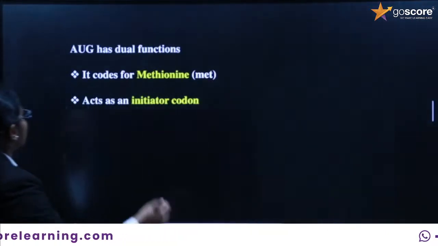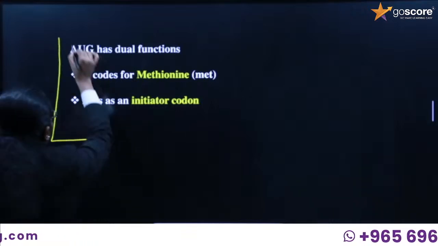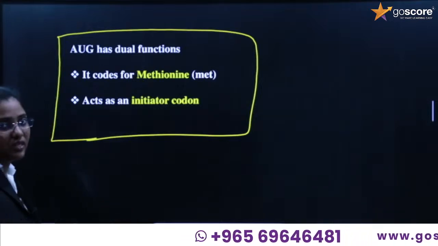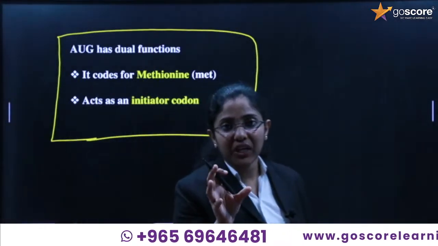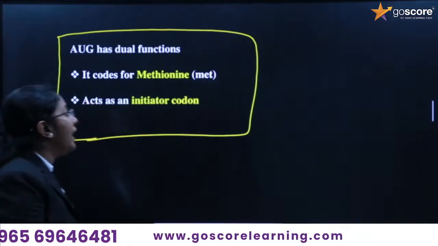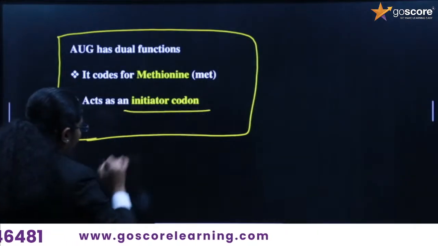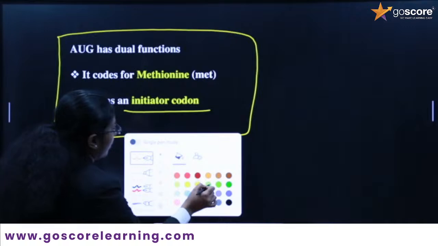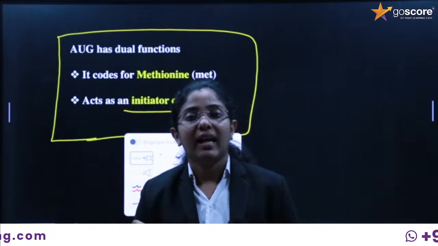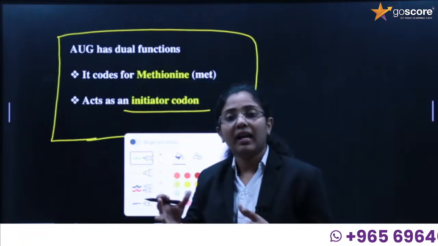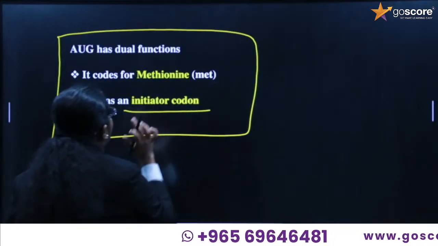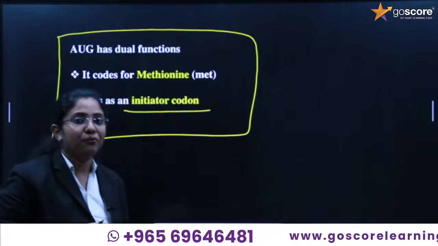Then the next one is an important thing. Put it in a box and write it in your notebook. AUG acts as an initiator codon. What is an initiator codon? In the coming class, we will see that translation has an initiation process, an elongation process, and a termination process. So it is the initiator codon.